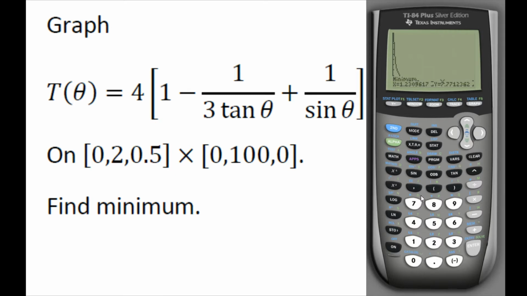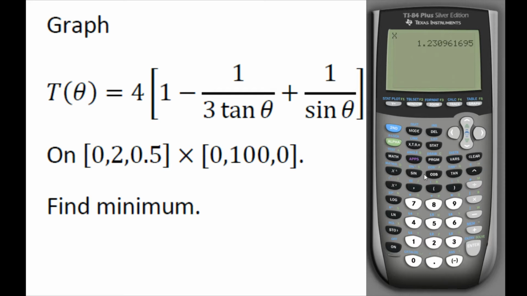It is 1.23096117, something like this value. Right. The question, so that is in radian. We just need to change this to degree. Don't worry, the x value there is going to be stored into x. So I just hit second mode. When you hit x, that is the value for the minimum.